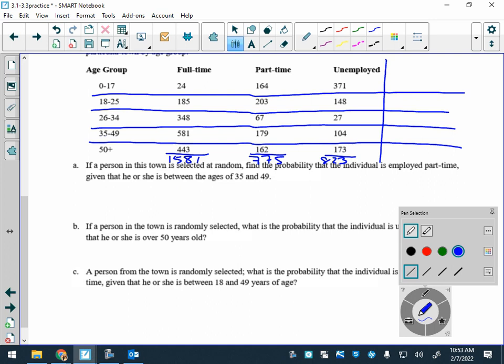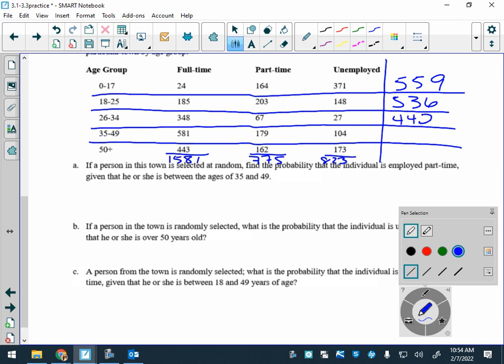0 to 17. 559. Okay, 18 to 25. 536. Okay, 26 to 34, Tori. 442.